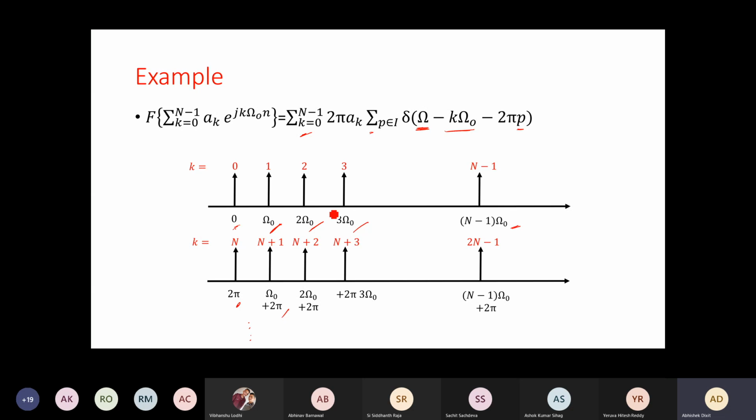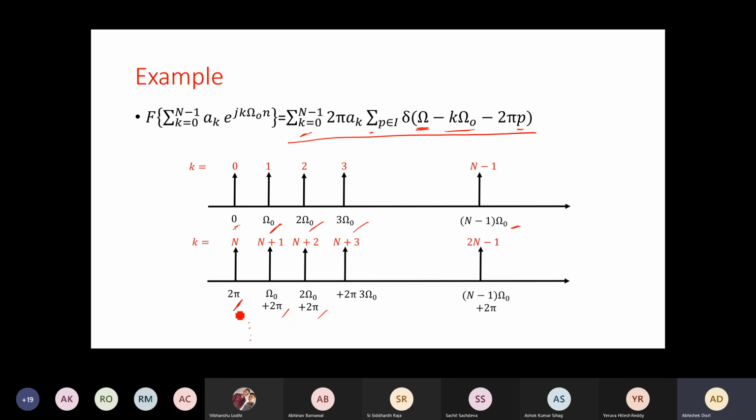So this impulse at 2 omega naught will also create an impulse at 2 omega naught plus 2 pi and 2 omega naught plus 4 pi, 6 pi, and so on and so forth. So what you will see is this function. I'm just plotting the impulses created by these two summations.